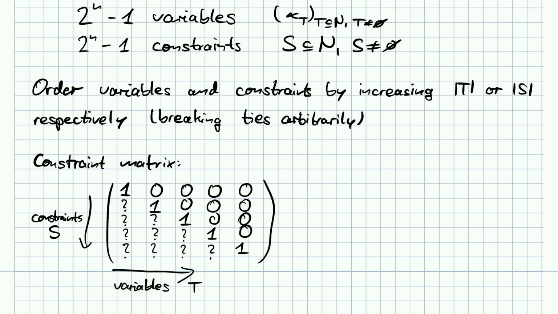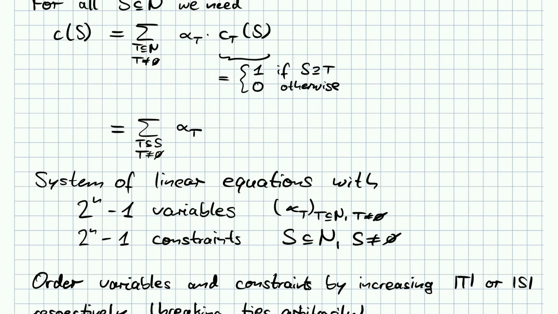And then we'll have something here which we don't care about, but right off the diagonal, that would mean that t is bigger or at least the size of s. But if t is at least the size of s, but not equal to s, then this will not be part of this sum.